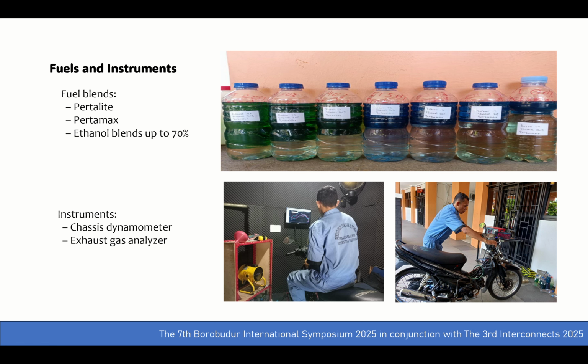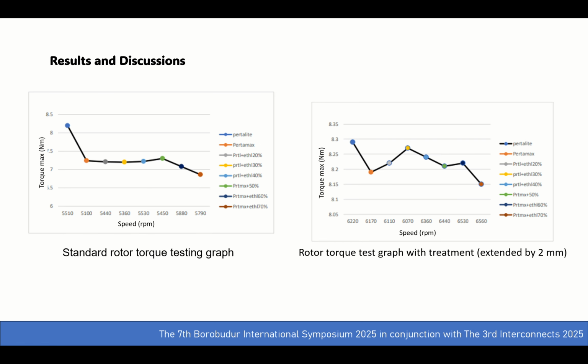This is the feature. And the research and discussion of this study is about torque characteristics. We try to identify the highest maximum torque of each of pertalite, pertamax, and pertalite plus ethanol up to 20%.